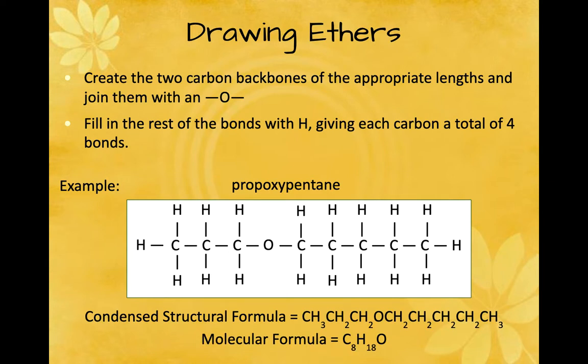There are 8 carbons, 18 hydrogens, and that O. In this case, the molecular formula doesn't really tell us much about the structure, so that's when these structural formulas give us more information. So there you have how to name and draw alcohols and ethers.